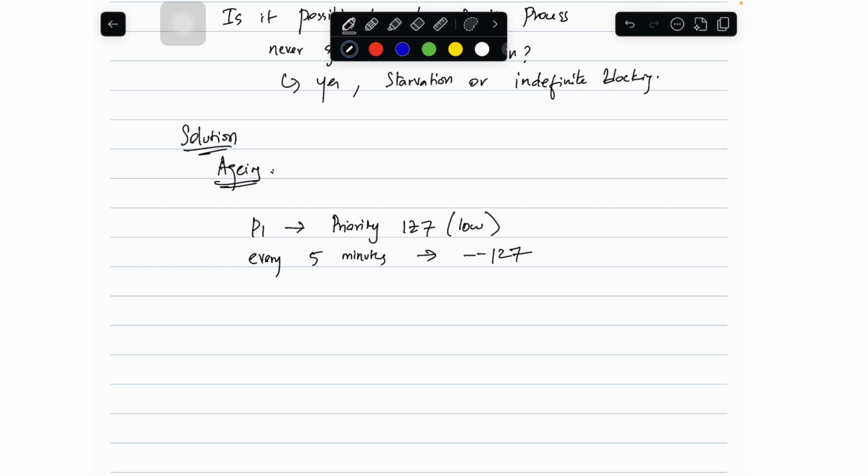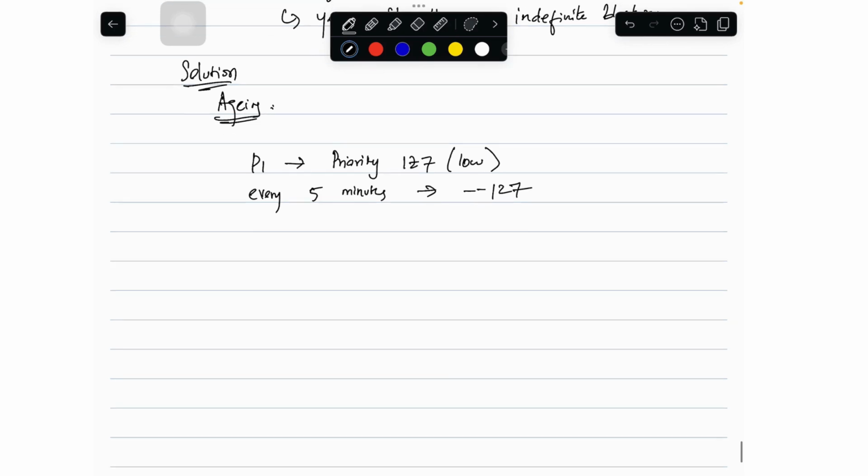Every 15 minutes I'm going to decrement this. Therefore, after 32 hours, its priority will become 0, which is of highest importance. So this is aging.